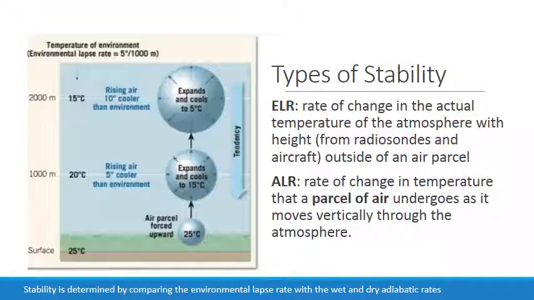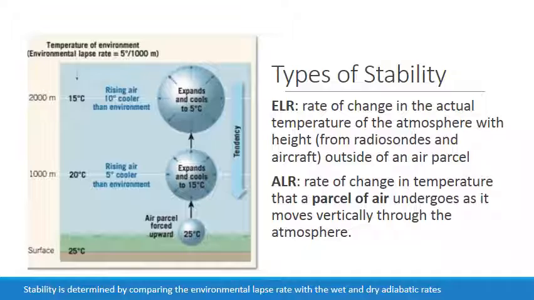The environmental lapse rate is the rate of change in the actual temperature of the atmosphere with height, as determined from observations made by radiosondes and aircraft. Adiabatic temperature change, on the other hand, is the change in the temperature of an air parcel that it experiences as it moves vertically through the atmosphere.